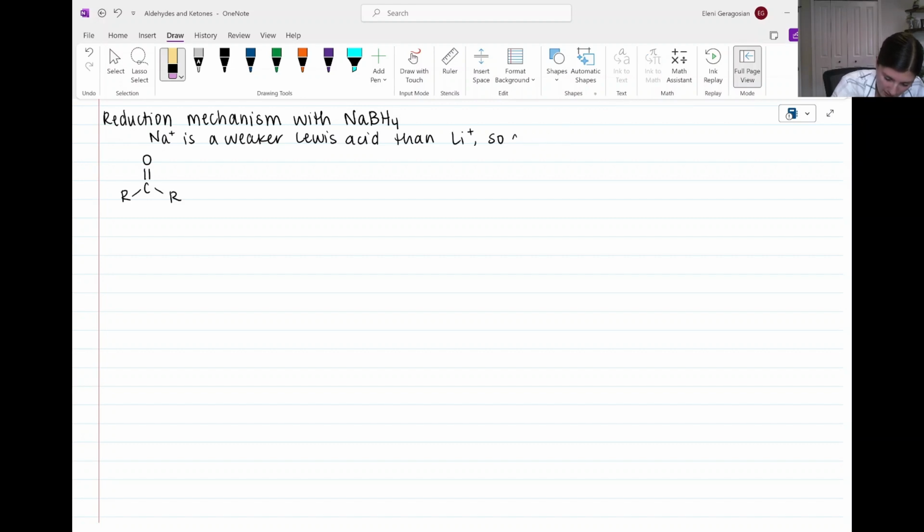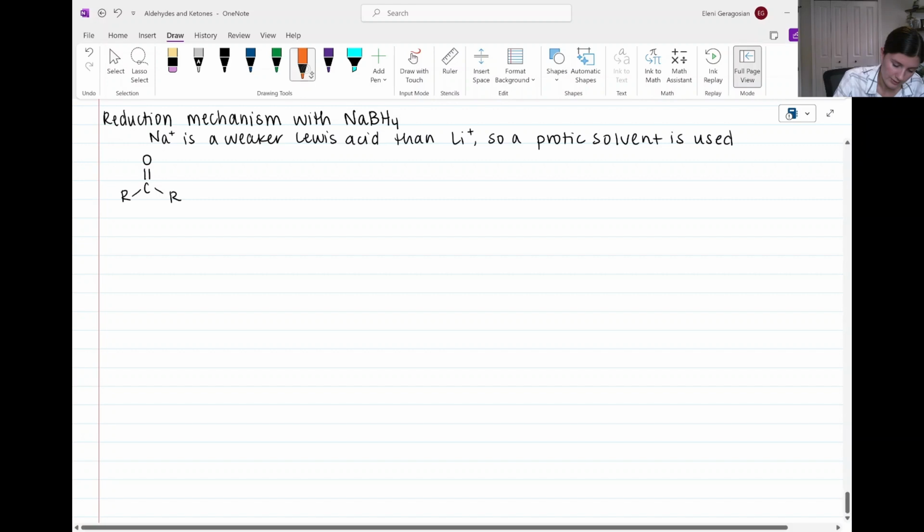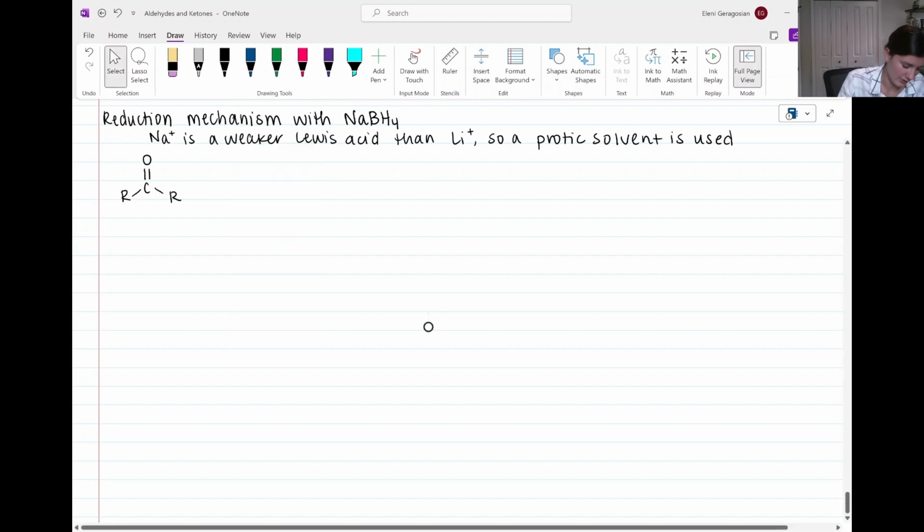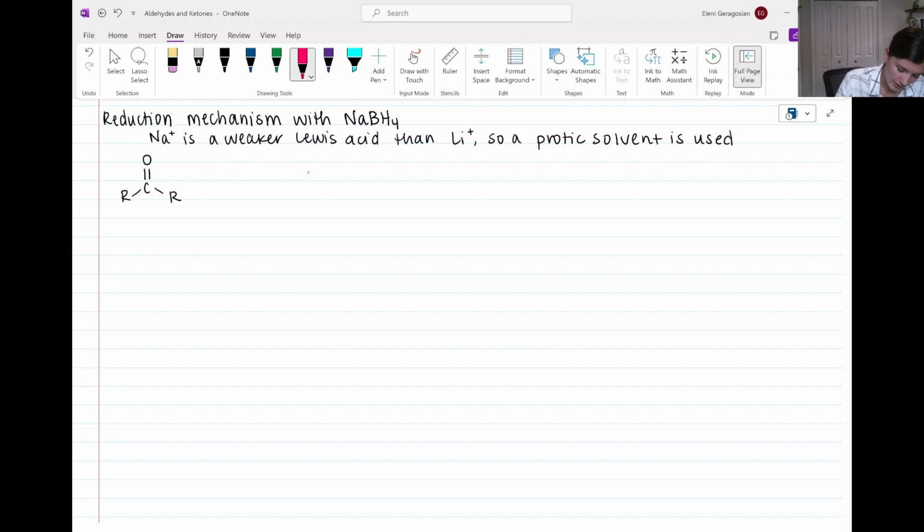So a protic solvent is used. The proton in the protic solvent is what will then form a hydrogen bond, and that will activate that carbonyl. So let's say we have a protic solvent, methanol.